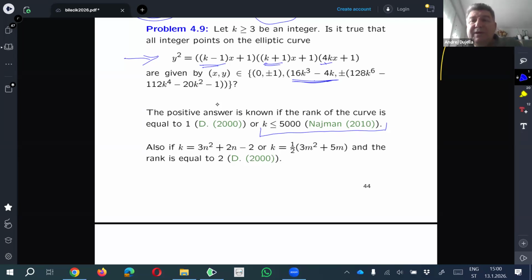But in this particular case, the situation is quite different. It is easy to find curves with mixed signs, meaning there are positive and negative elements in the triple, producing rank 0. But it is very hard, at least for me, to find an example with positive elements producing rank 0.